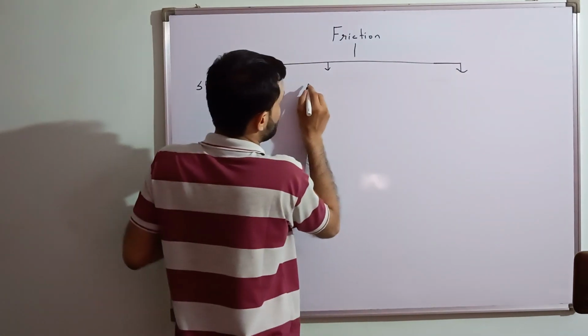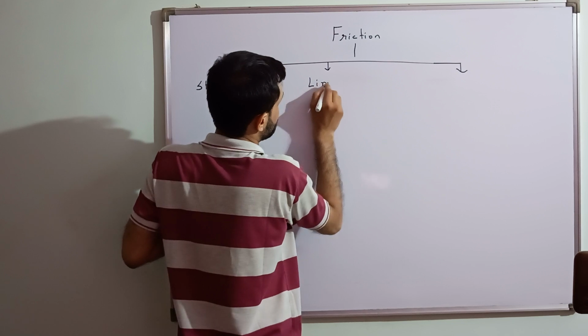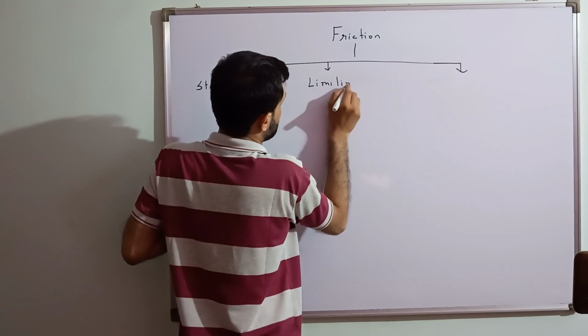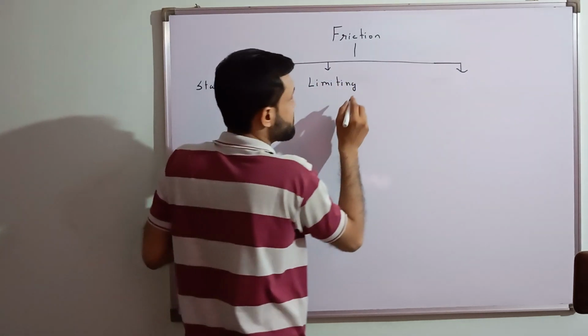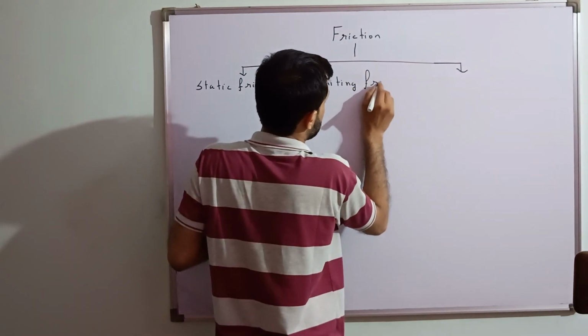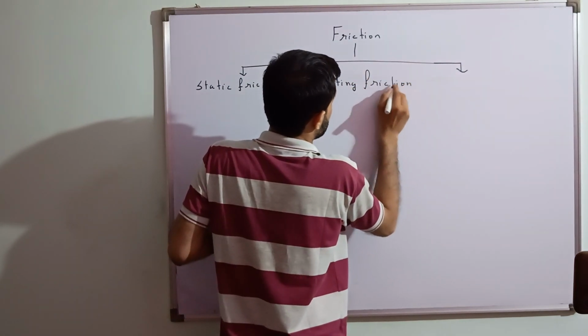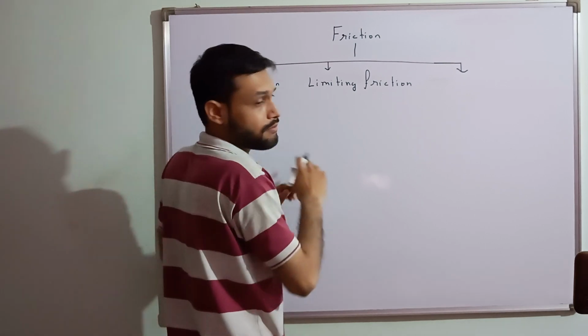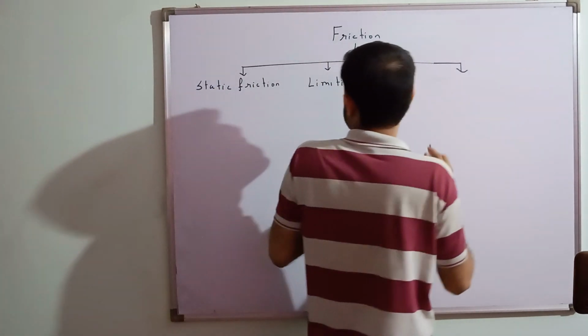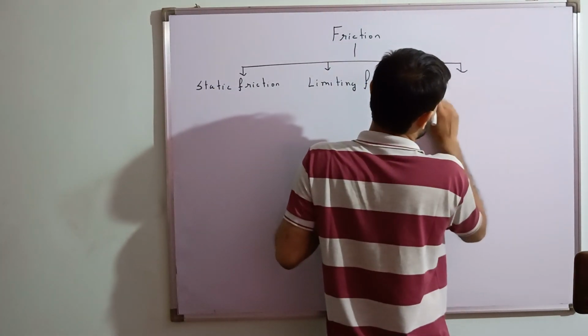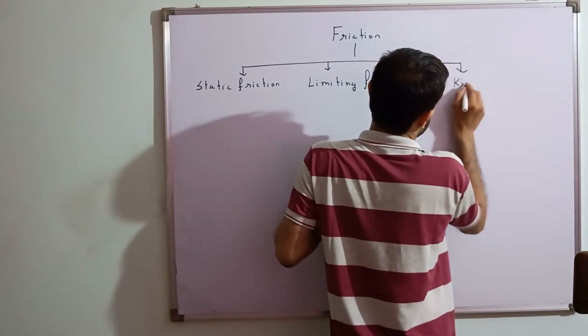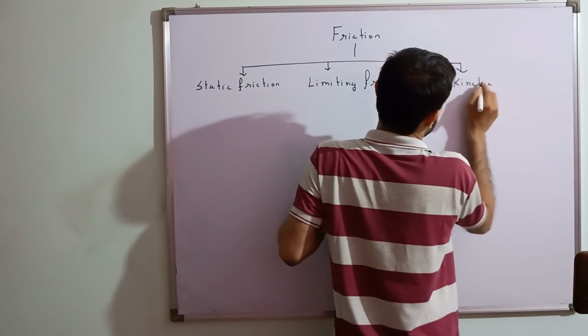In between we have limiting friction. You remember? What is this limiting friction? It is the maximum value of static friction. So we have static friction, limiting friction, then kinetic friction.